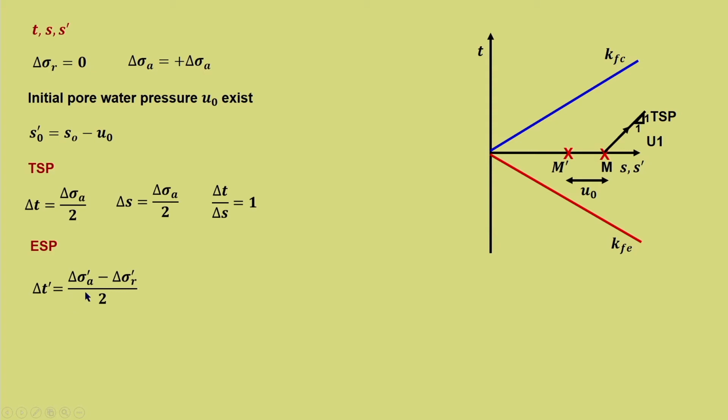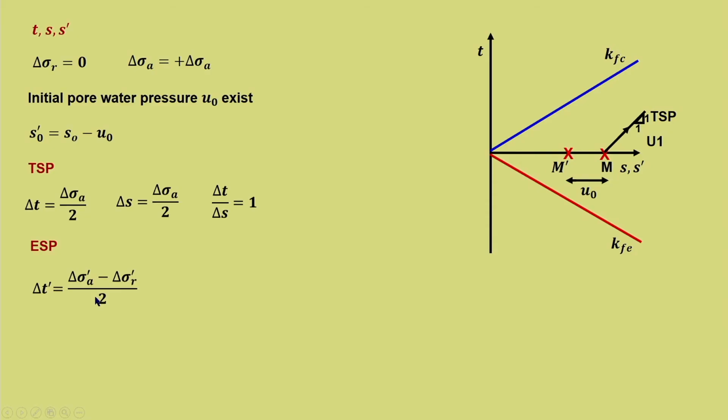So, delta T dash. Now, we already know that delta T dash is equal to delta T, it is not getting influenced, but still in this particular case I am just representing it as dash only to make you understand. Okay. So, delta T dash is equal to delta sigma A dash minus delta sigma R dash by 2.